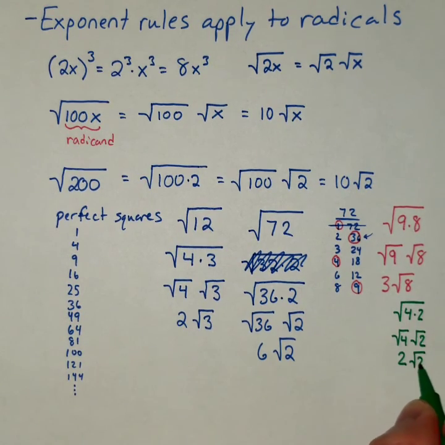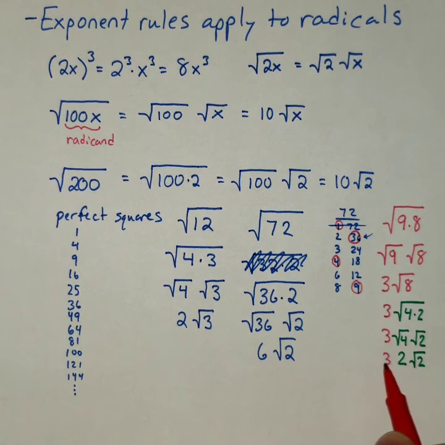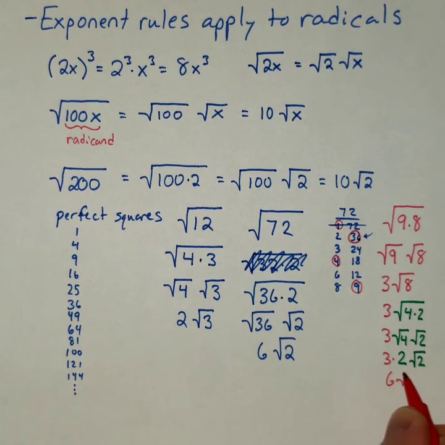Then you bring down your square root of 2. Now what I left behind was that 3 at each of these steps. And of course 3 times 2 is 6. So your final answer here would be 6 times the square root of 2, which happens to match up with what we had before.